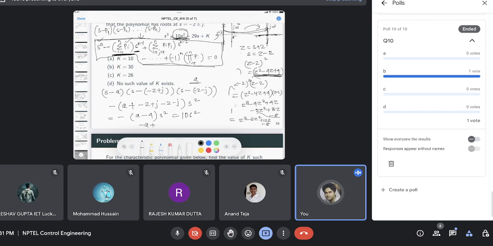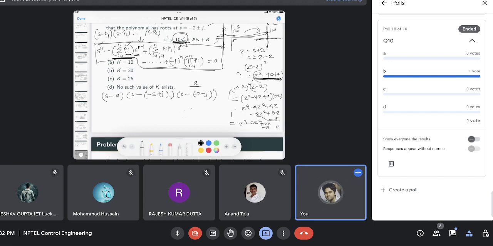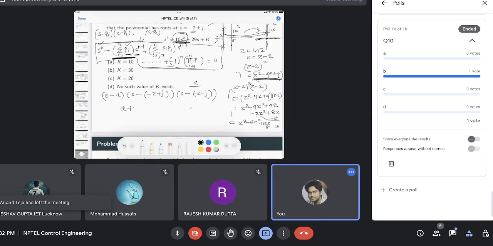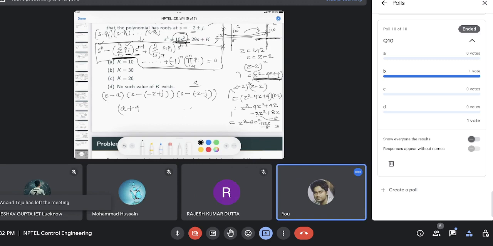Sorry, I made a mistake. Let me write it again. We take the summation of the poles with the negative sign. Here the summation will be -2 plus -2, that is -4, and a.